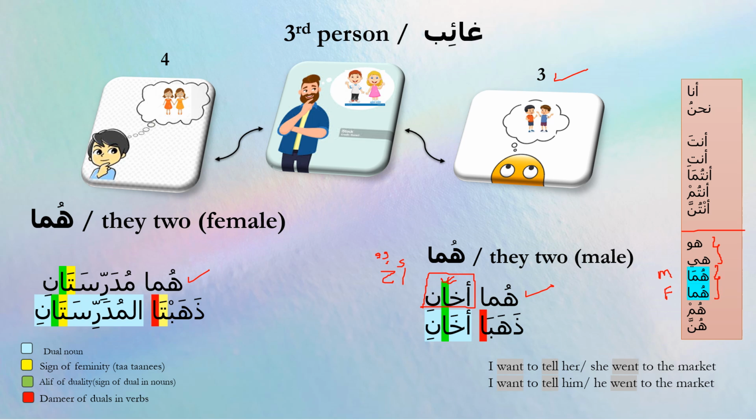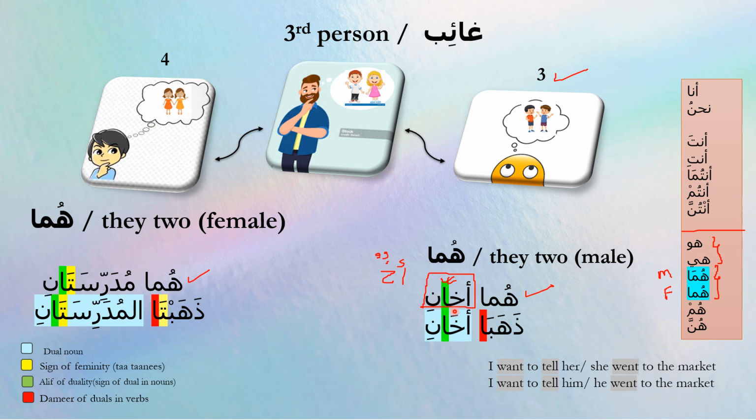Seeing the structure of the noun, you will know, okay, now this homa is being referred to 2 male nouns. Even if you hide the damir homa, by seeing the structure of akhani, you will know that the 2 male nouns are being spoken of.